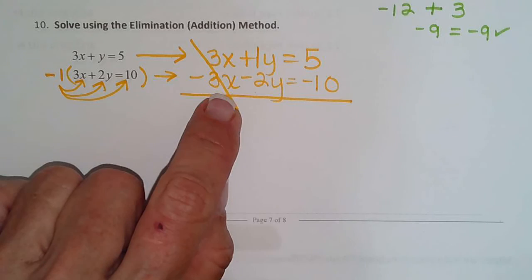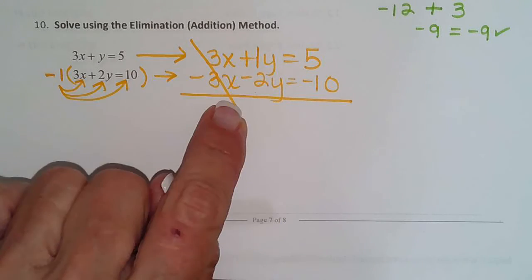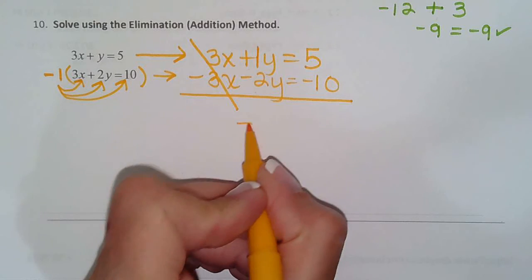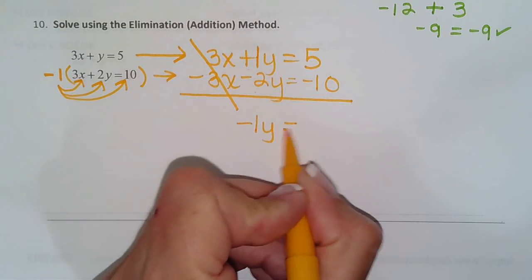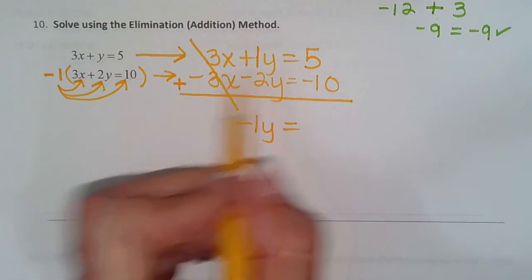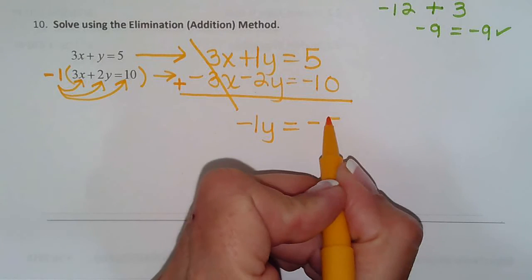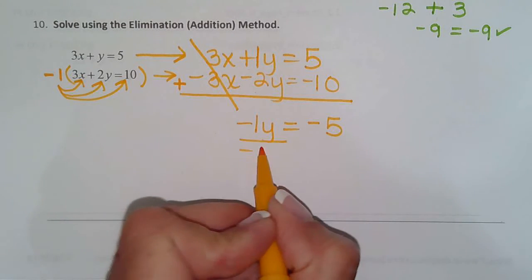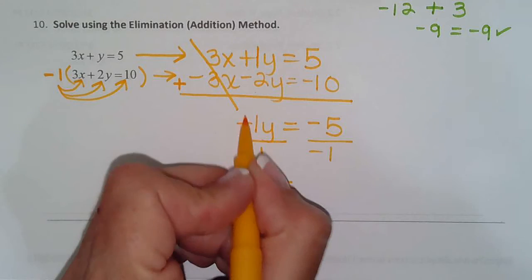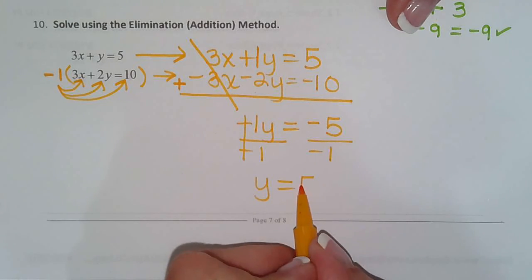So they have to be opposites in order for us to draw that line. And then we have 1 minus 2, which would be -1y equals, and this is an addition problem now, remember, 5 plus -10, which is -5. Divide both sides by -1, and I get y equals +5.